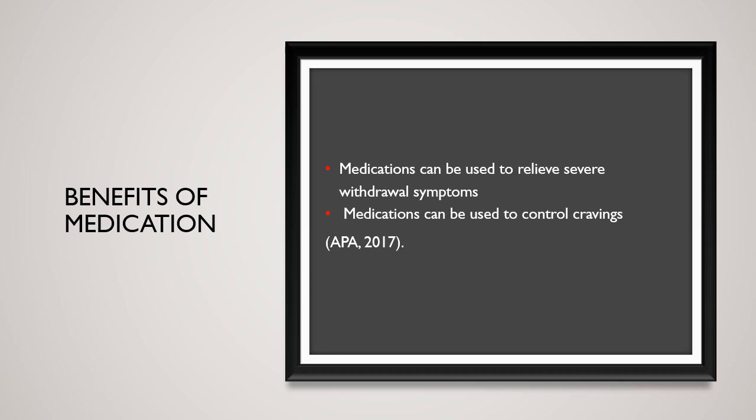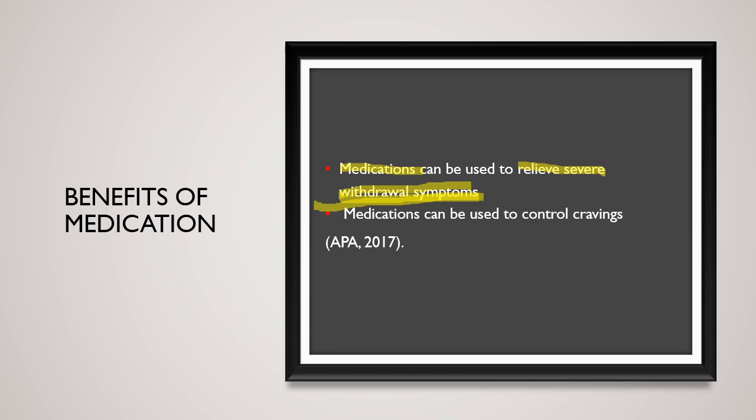And some medications have been created to lessen or almost completely remove these symptoms for the person suffering, which increases their chances of continuing to abstain from use, so they don't feel physically sick.